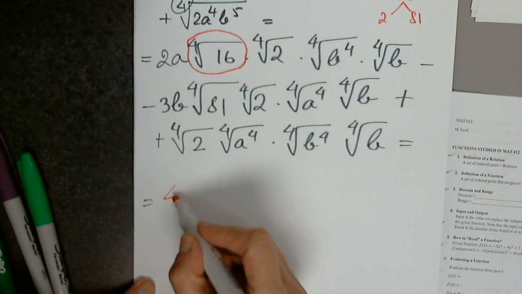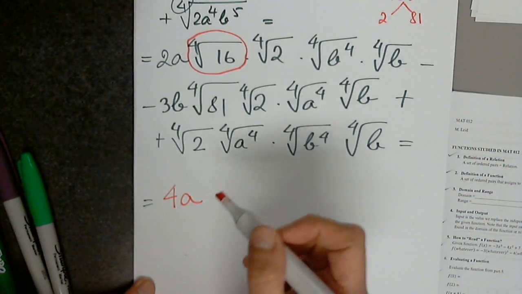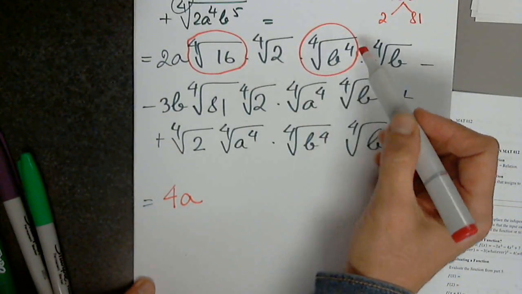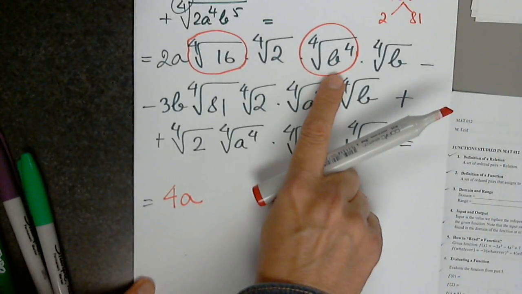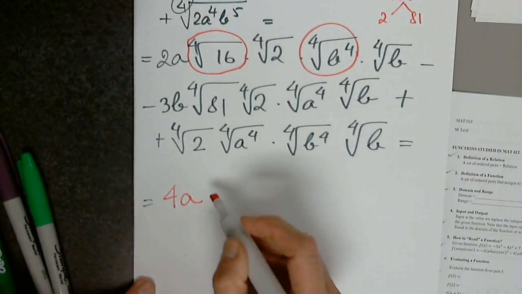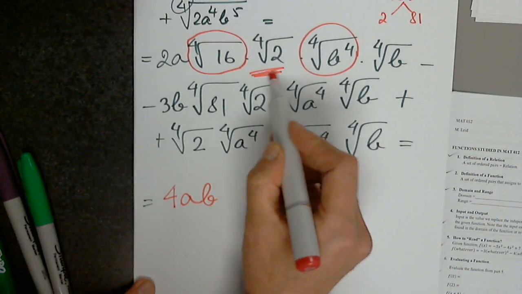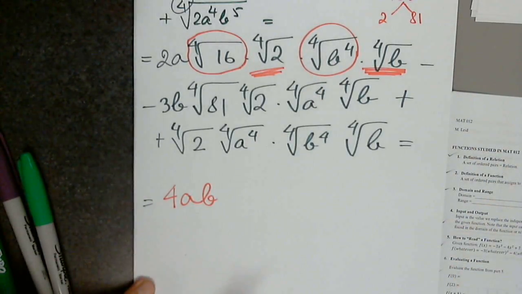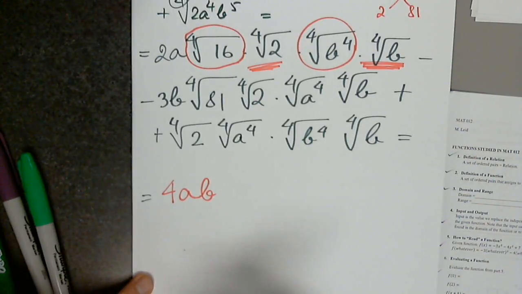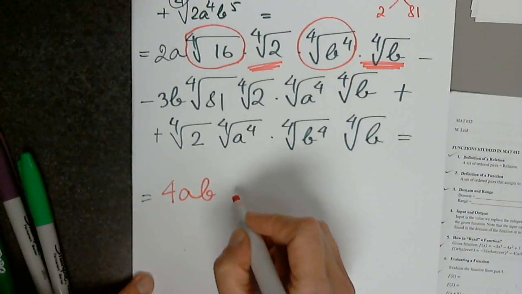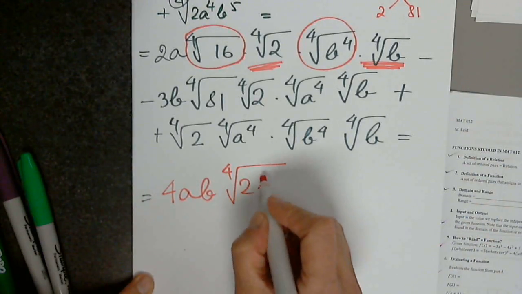So this will be 4. It will be a. Now from here, this comes out. What is it? Right? And now these two have to stay under the radical. There is nothing I can do to the fourth root of 2. There is nothing I can do to the fourth root of b. So this must be the fourth root of 2b.